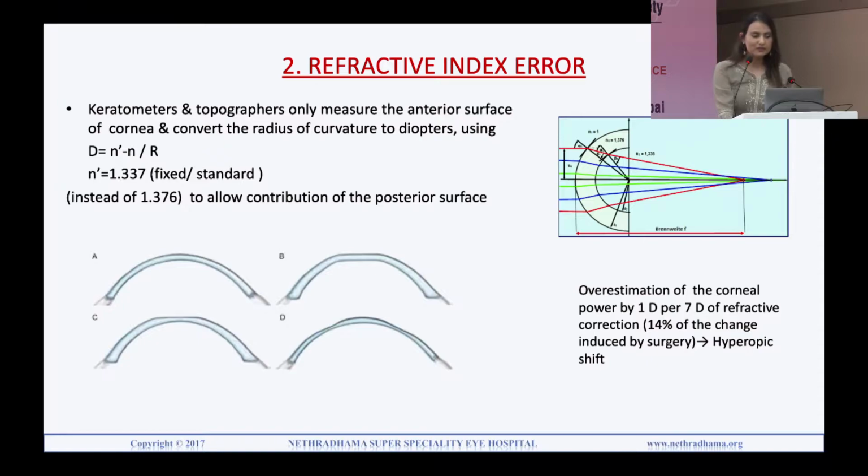So this is instrument error. Refractive index error occurs when you use keratometers or even topographers, the SIMK values.